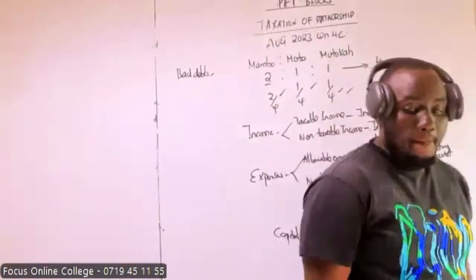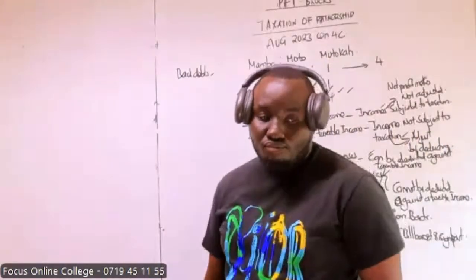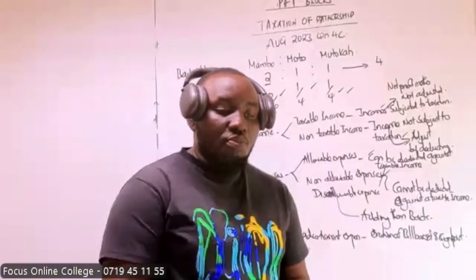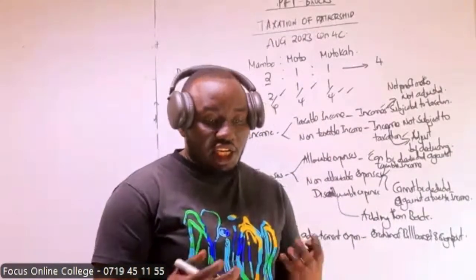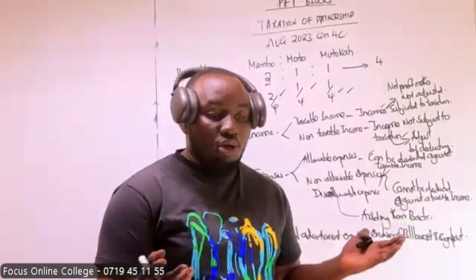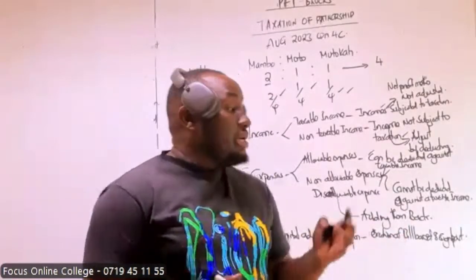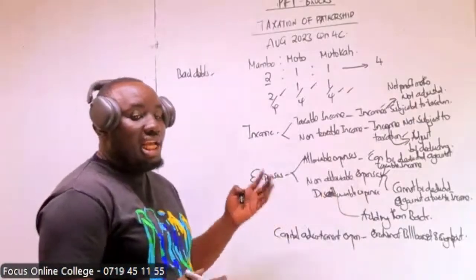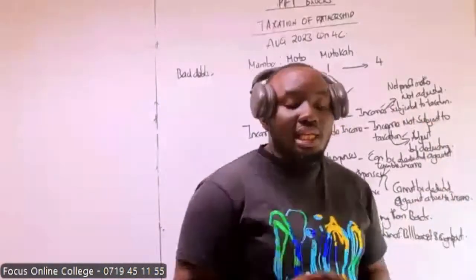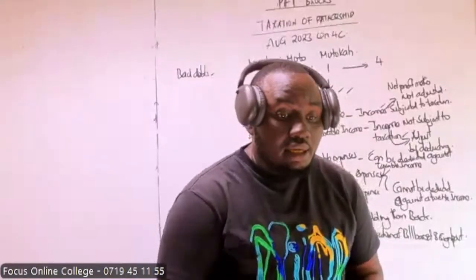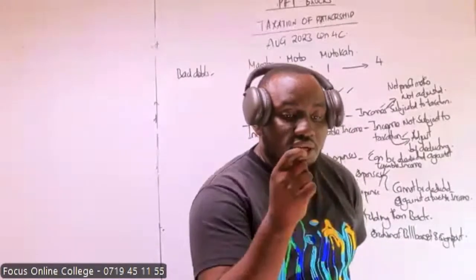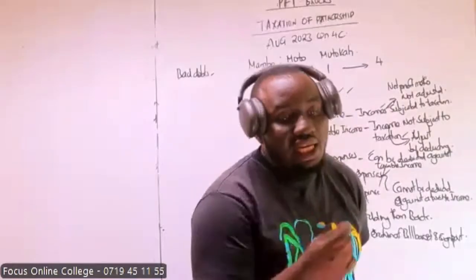In taxation, we can check the additional information, but number one, all general provisions are non-allowable altogether. As you look at the bad debt, the essence is to look at whether it relates to a revenue item. If the bad debt relates to a revenue item, then it should be an allowable expense.